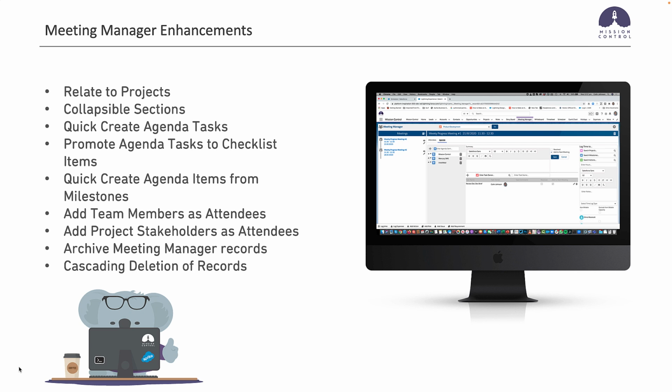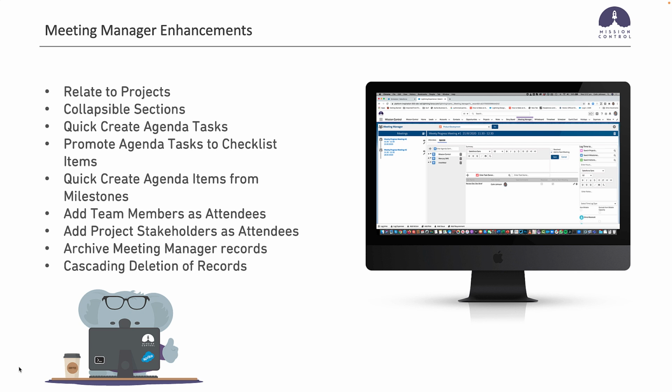And similar with the attendees, rather than adding each attendee individually, you can now multi-add members of a particular team, or you could actually add your project stakeholders as well. You've also got the ability to archive meeting manager records, so you can't see them in the lookup field on the meeting manager component.